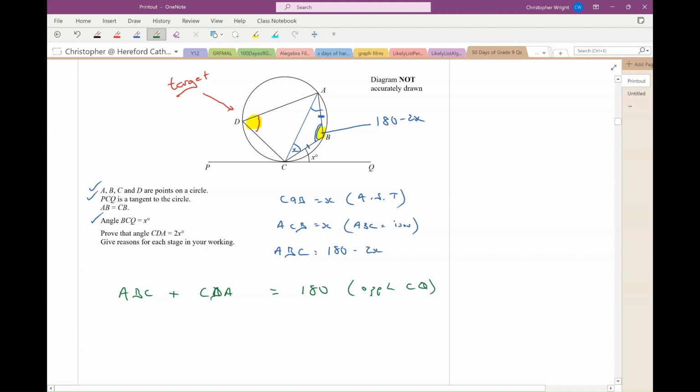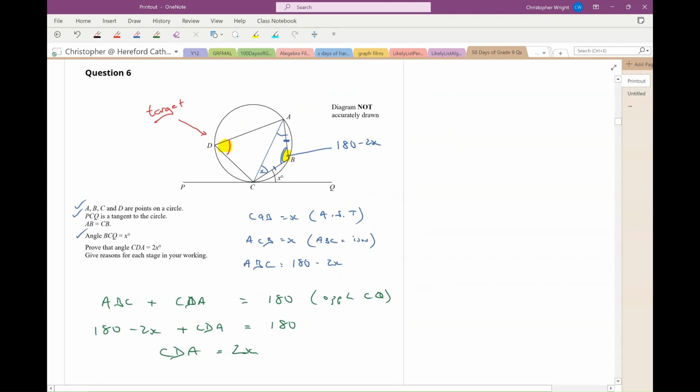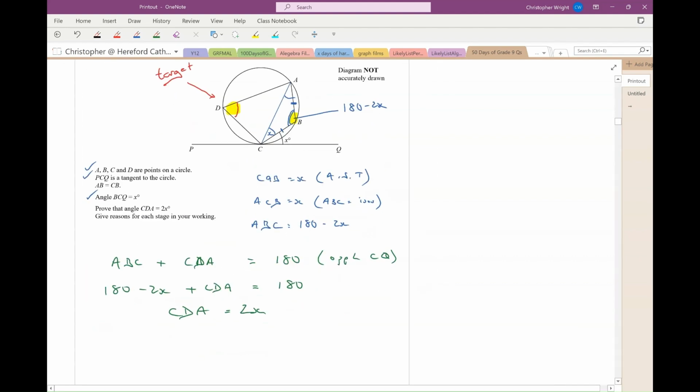I'll leave you to write that out in full. So ABC is 180 minus 2x plus CDA has to equal 180. Well, therefore, CDA must equal 2x. There you are. Bob's your uncle. It's done. Prove that CDA is 2x. Give reasons for each stage of your working. That's question 6. Finished.